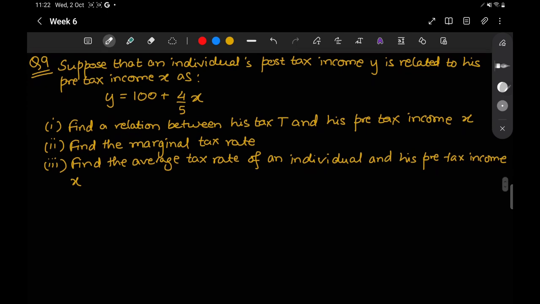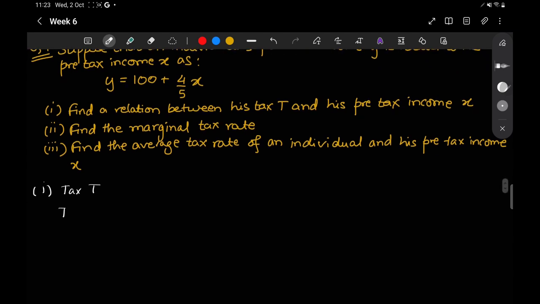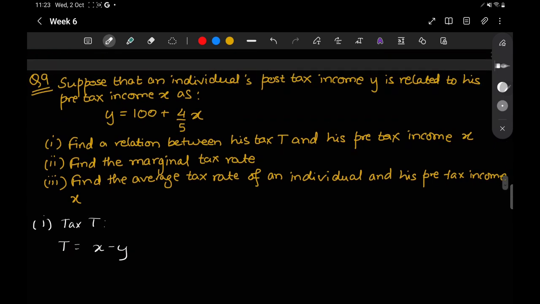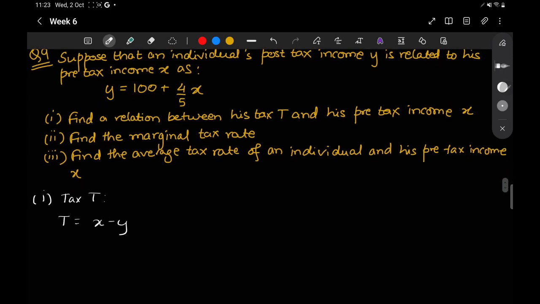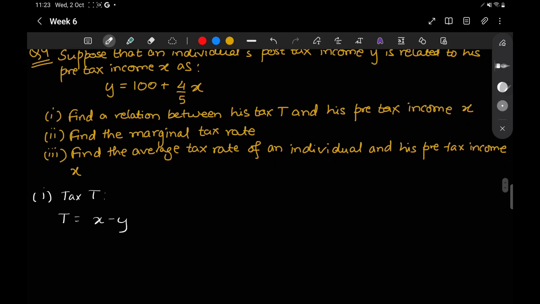Okay, so let us start solving this question. Part 1. So tax is actually x minus y, which is the pre-tax income minus the post-tax income.